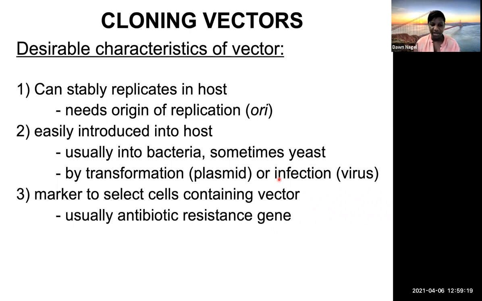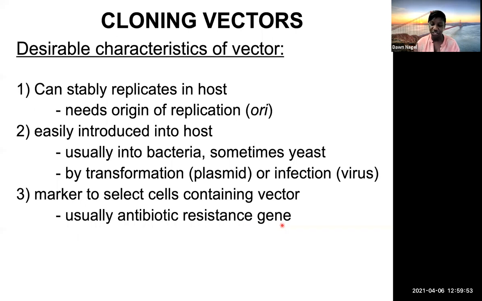You also need to have a marker on your vector, right? You need to be able to say, okay, I have my vector in my bacterial cell, okay? How do I know I have my vector? I did my transformation using one of these great methods. How do I know I actually have it in the cell, okay? So you need to be able to select for the cells that contain your vector because not all cells are gonna have it, right? And the way you do that is by using an antibiotic resistance gene on your vector.